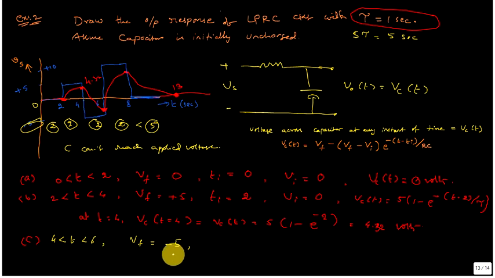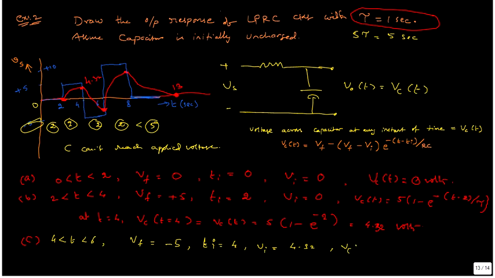So Vf is minus 5 and Ti, the initial time at which minus 5 is applied, is 4. And Vi, the voltage across the capacitor at t = 4, we just calculated as 4.32 volts.